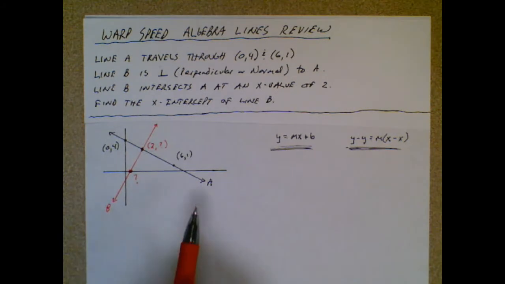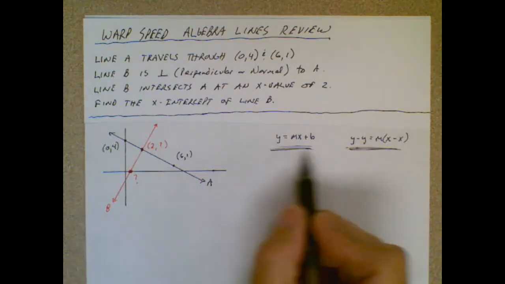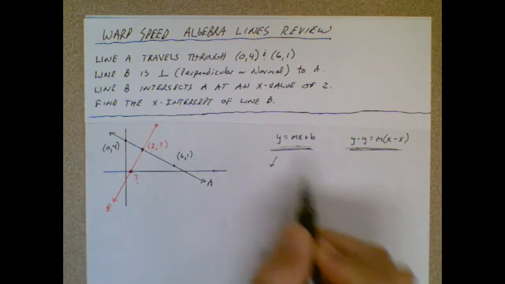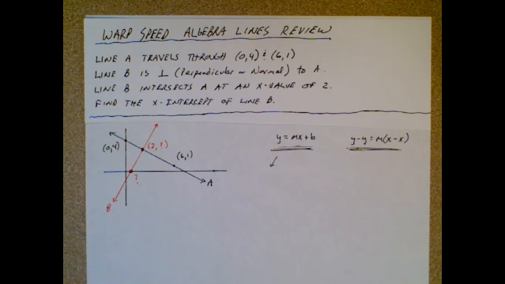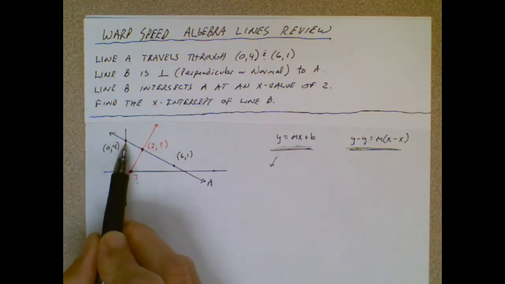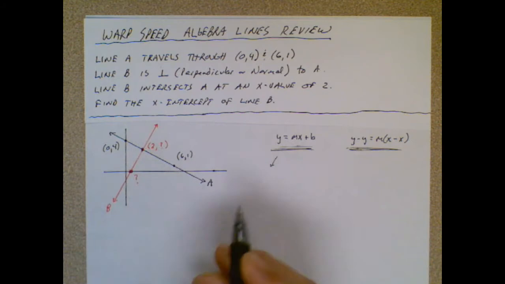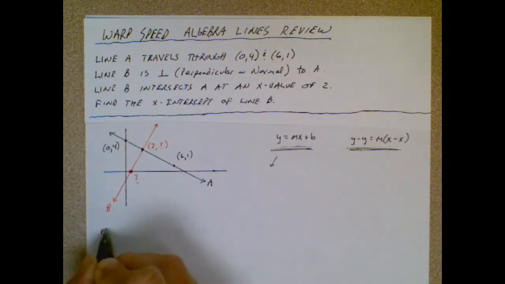The first thing I want to do is get an equation of a line for line A, and I have two options. I'm going to start off with your good old slope-intercept form. Since we have a y-intercept, we know the y-intercept is 4. I do need to figure out the slope of line A though, so let's do that.